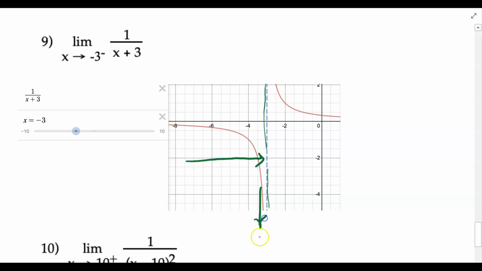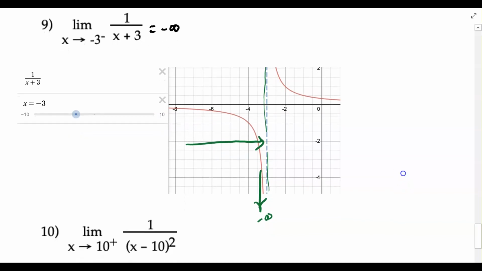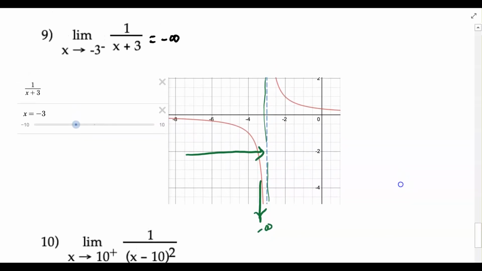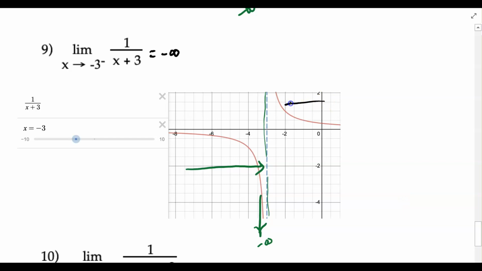It's shooting downward, -infinity. We're just taking a real simple graphical approach to this, very simply analyzing the graph. If you were talking about the right-hand side, you would say that the limit is approaching positive infinity because it's shooting up to the top there.